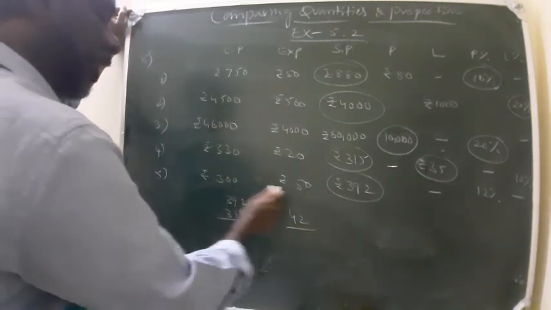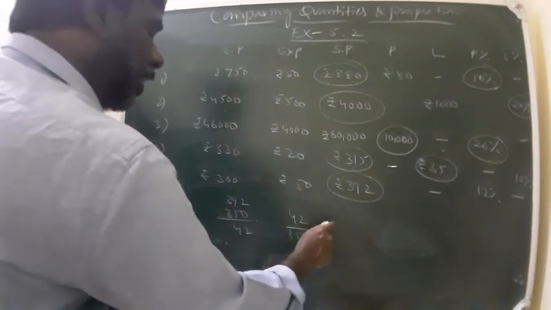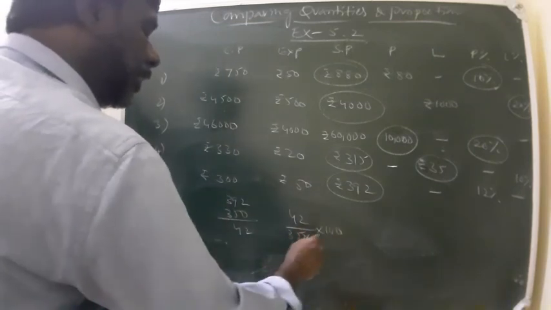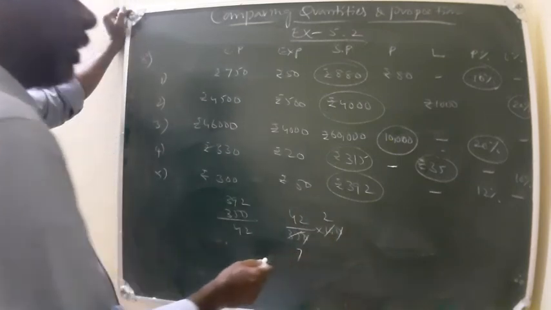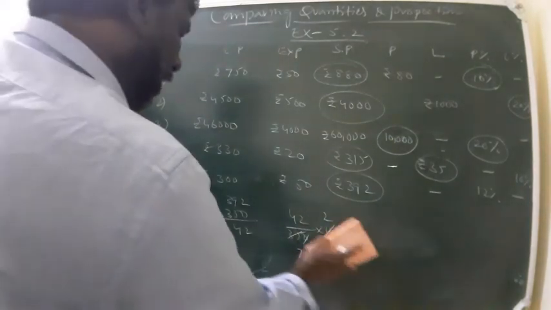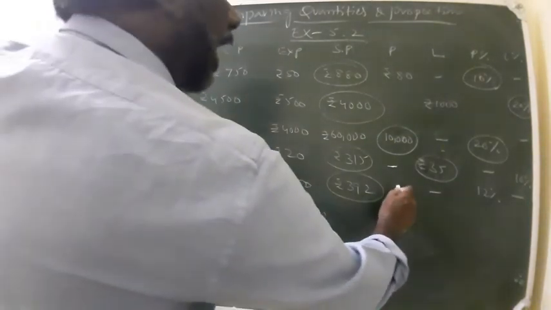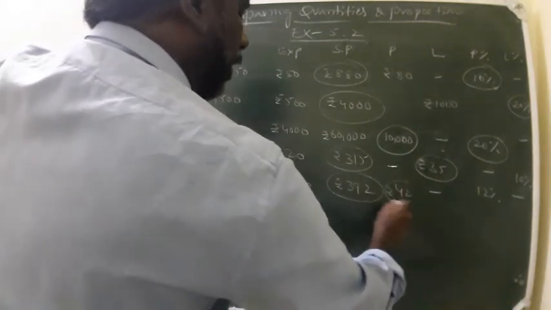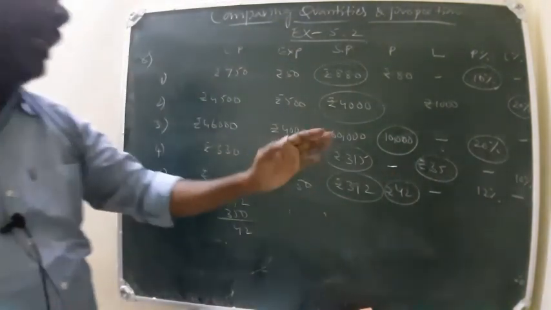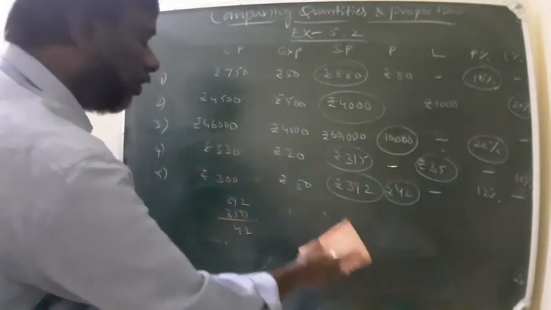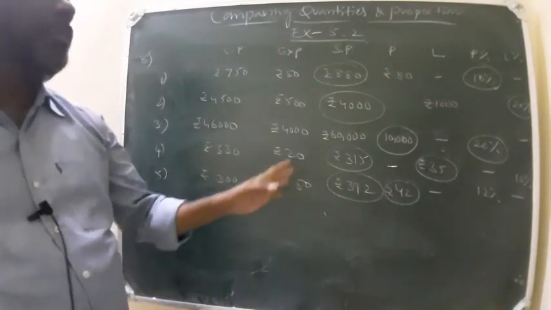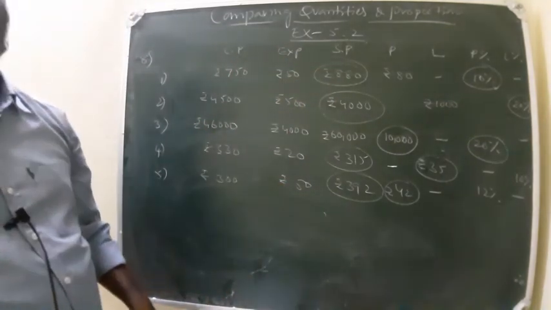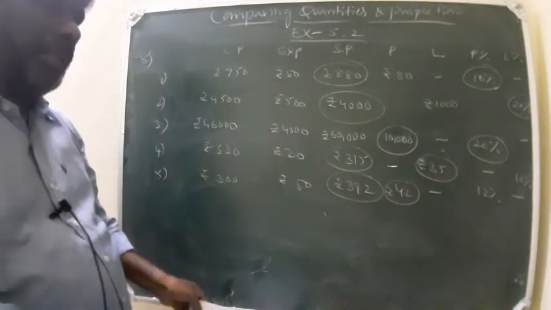The profit percent is already given, so just subtract here. The actual profit is rupees 42. So that's all, the remaining you got. Like that you have to complete this table. Whatever we did, you can do in rough notes. Okay students, thank you.